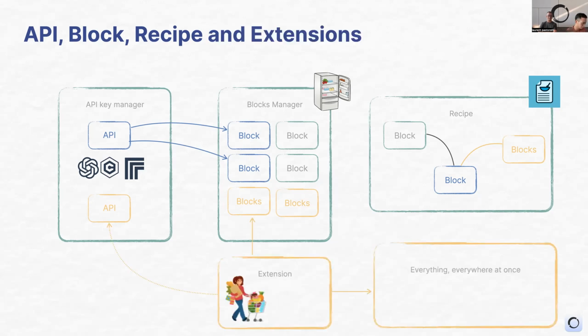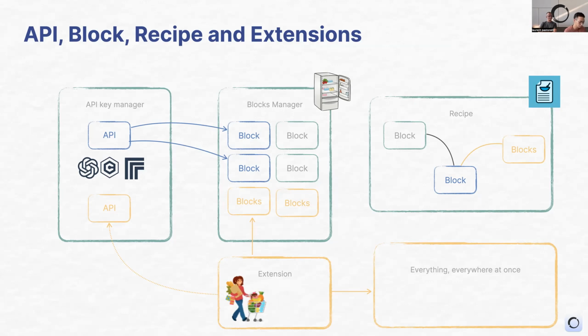But what if you want to add more variety? That's where the extension comes in. An extension is like going to a supermarket, grocery store, or kitchen equipment shop to acquire new tools or new ingredients that allow you to cook more complicated things. Installing an extension might open up more APIs, and of course with the APIs, blocks. Or it could just provide utility blocks that don't really need an API key.